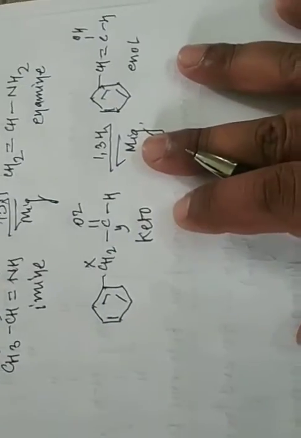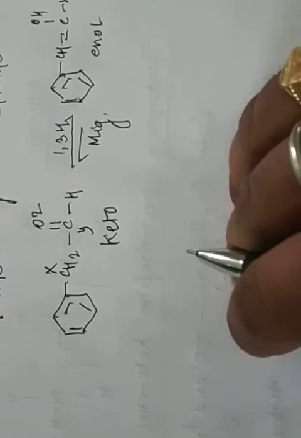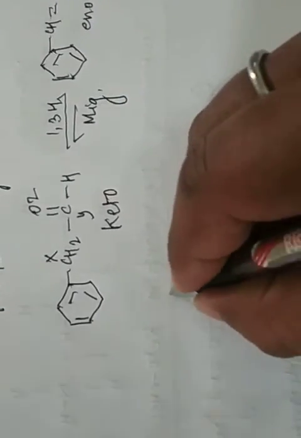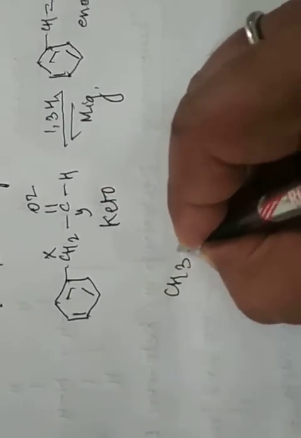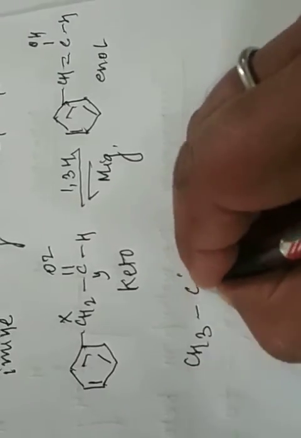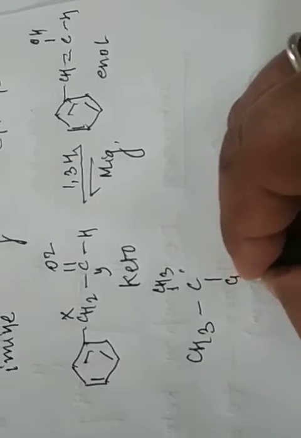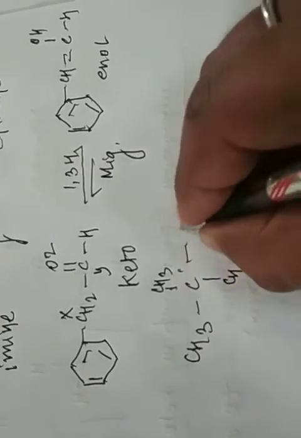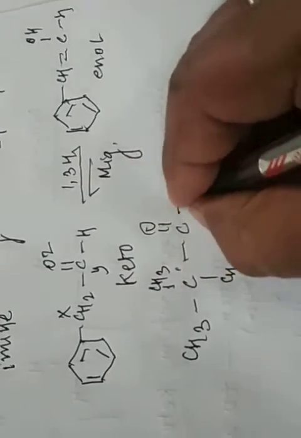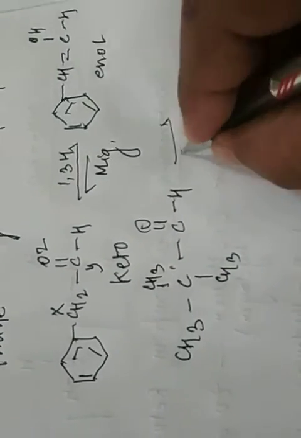Okay, now check. Does this compound show tautomerism? CH3C, and there are two CH3 groups, and there is a C double bond OH. So does this compound show it, yes or no?